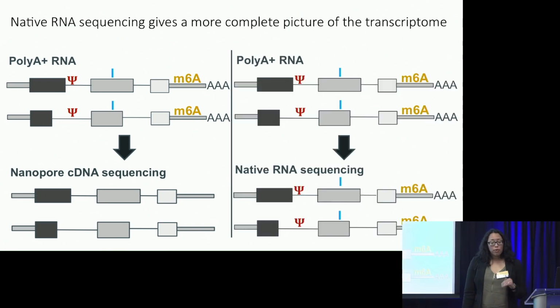So with this Nanopore sequencing, what you can also do is sequence the RNA directly. So you can take the poly A RNA and then actually sequence out that RNA and also observe potential modifications on that RNA, as well as get full length of the RNA.